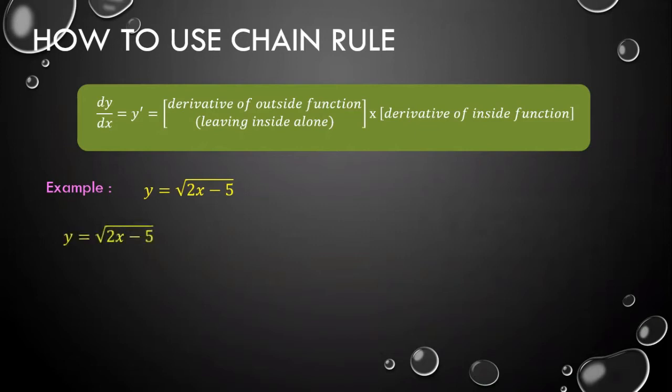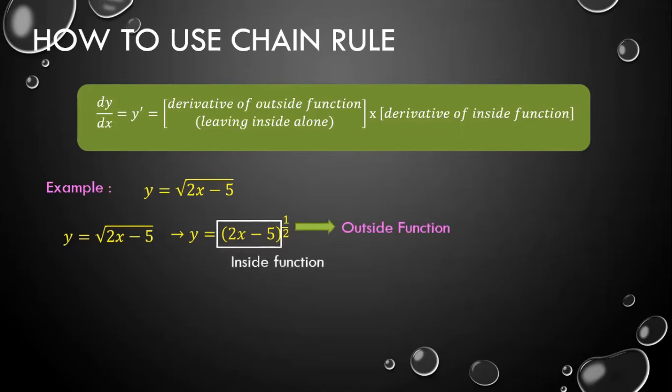Okay, students, the square root of 2x minus 5, or 2x minus 5 to the power of a half. So this function we can simplify to be (2x minus 5) to the power half. A half is the outside function, and 2x minus 5 is the inside function. Right?